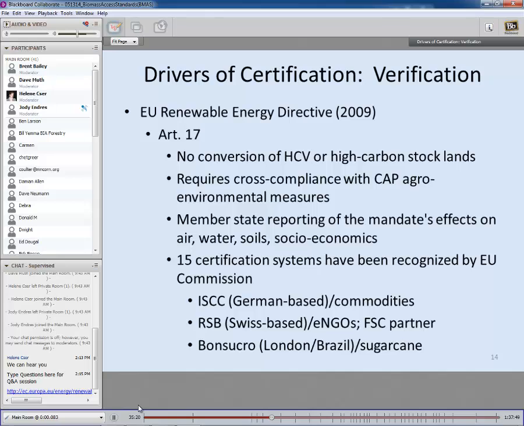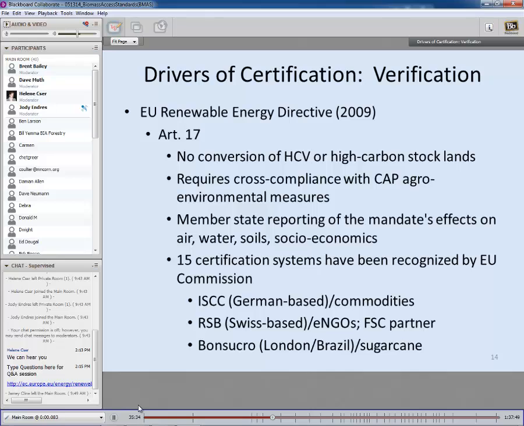So embedded in the European Union's farm bill, we call it type policy, is a requirement that producers comply with agro-environmental measures. For other producers outside of the European Union, member states are still required to report to the Commission regularly on the mandate's effects on those environmental principles and socioeconomic principles.